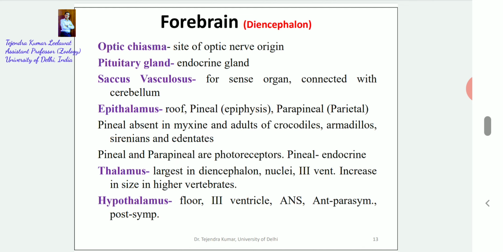Next, hypothalamus. Thalamus. Thalamus is the largest portion in the diencephalon, and it contains nuclei and the third ventricle, and it increases in size as it evolved in the higher vertebrates.